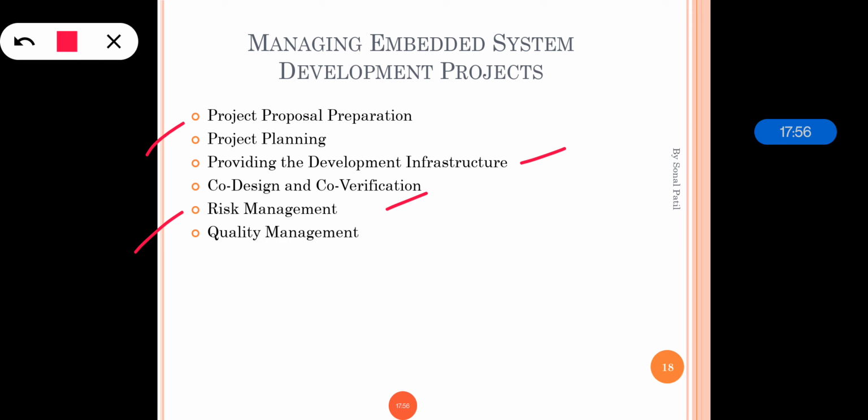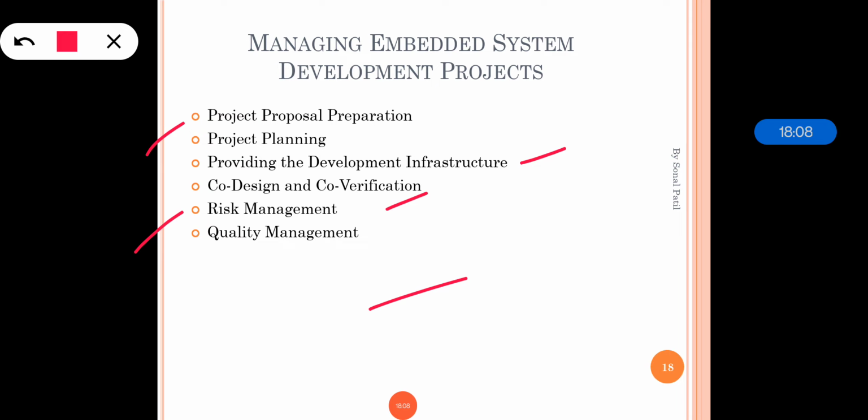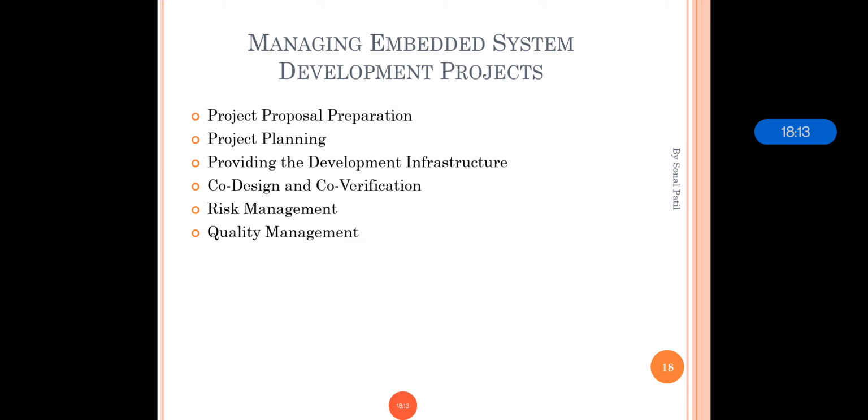So the project manager has to periodically review the project for possible risk factors and for corrective actions. Quality management. The quality is ensured at each and every phase, so it is necessary to ensure the quality though a number of changes are there. So that is all about the managing embedded system development process.